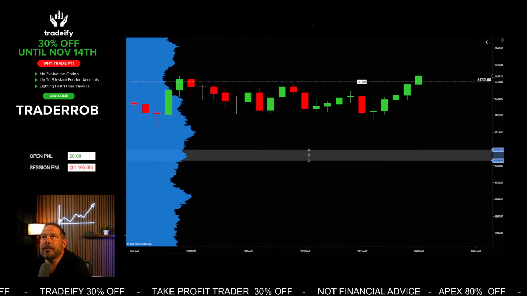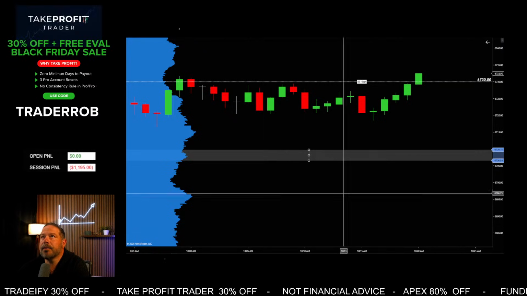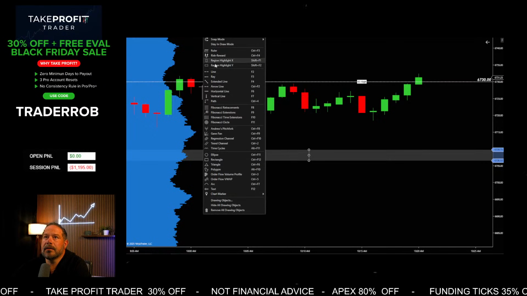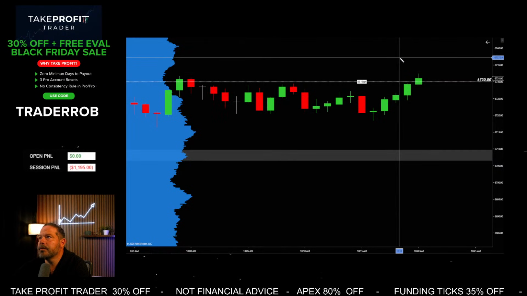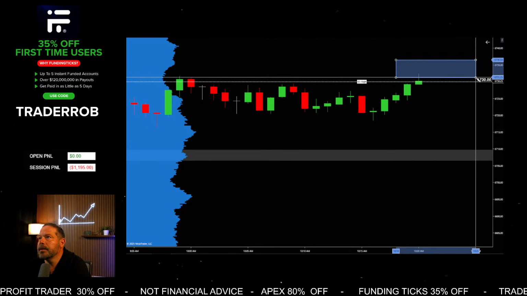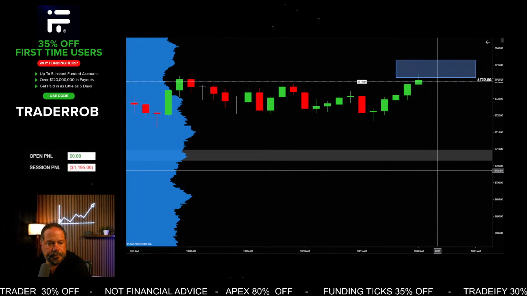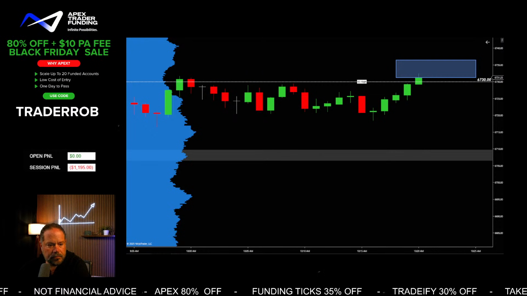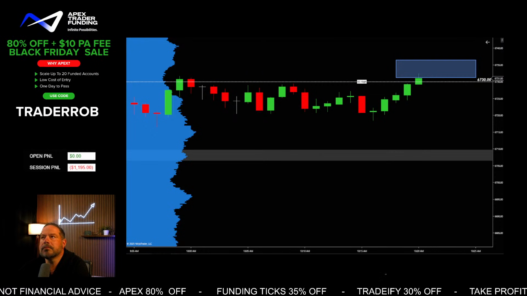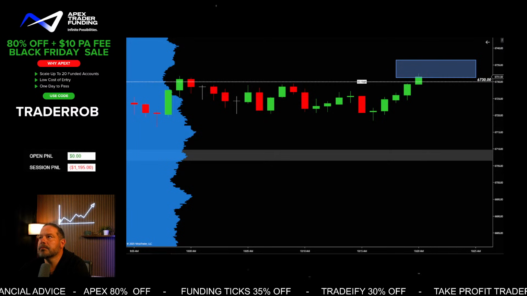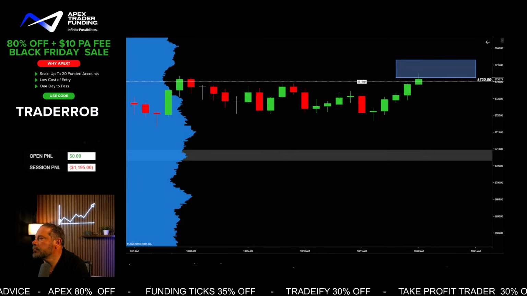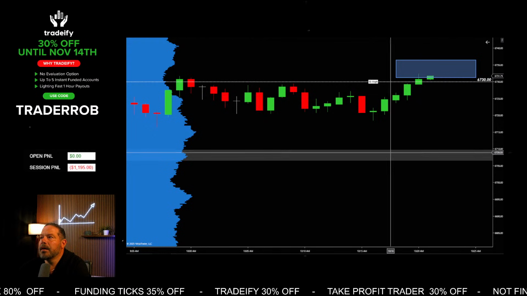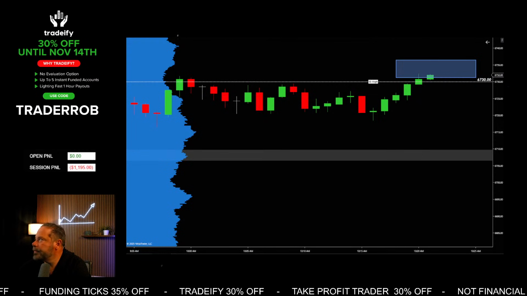Yes, it's got a lot of downward pressure from the top side. It's going to want to go through a big liquidity right here, all the way up to the 36. I don't know, this 6710 area is actually looking pretty good.